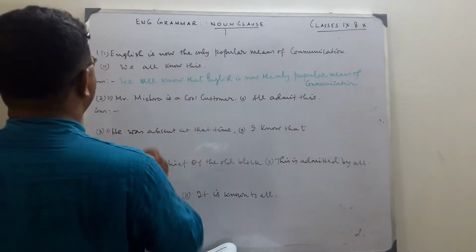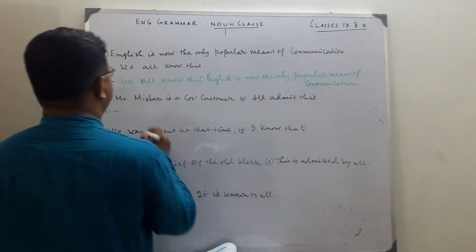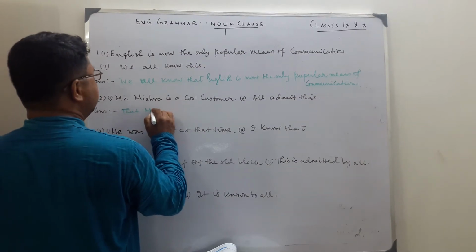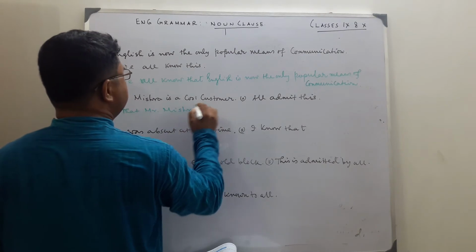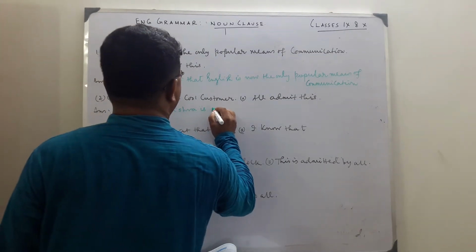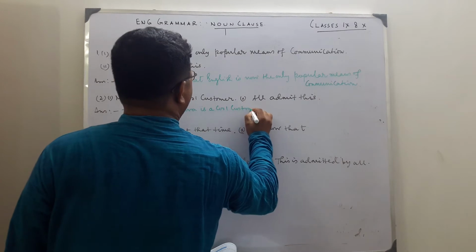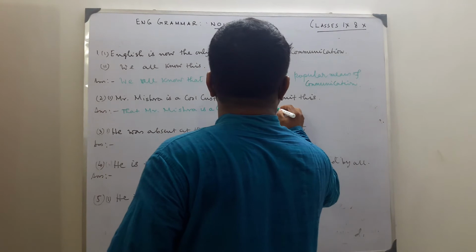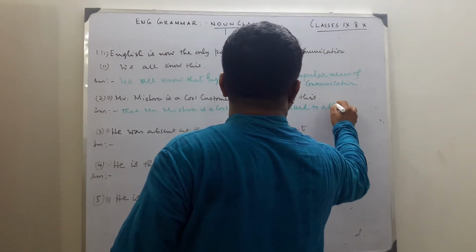Number 2, Mr. Mishra is a cool customer. All admit. You can write in this way: that Mr. Mishra is a cool customer is admitted by all.